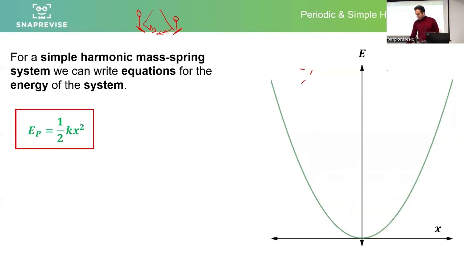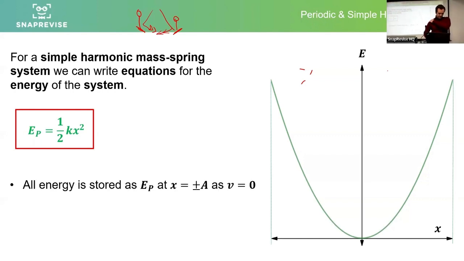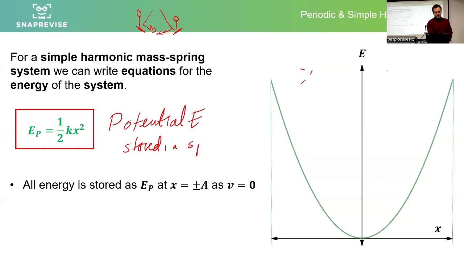Okay, for a simple harmonic mass spring system, we can write equations for the energy of the system. Again, we won't worry with the derivation for this equation, but the energy of a spring is half kx squared, and that's elastic potential energy stored in the spring.